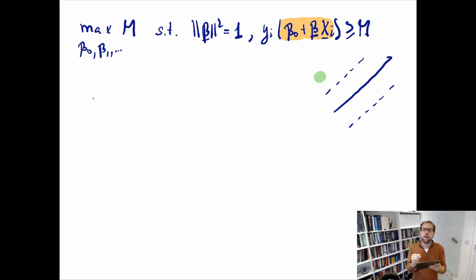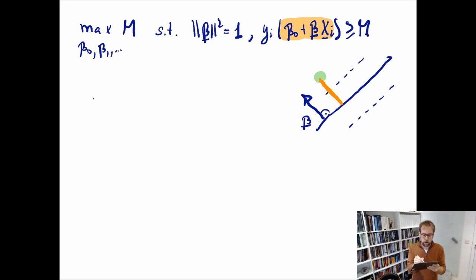It was just the projected length onto the normal. Recall that beta is this normal vector here, which defines the plane. And this orange line is this length here, which is given by this expression highlighted in orange.